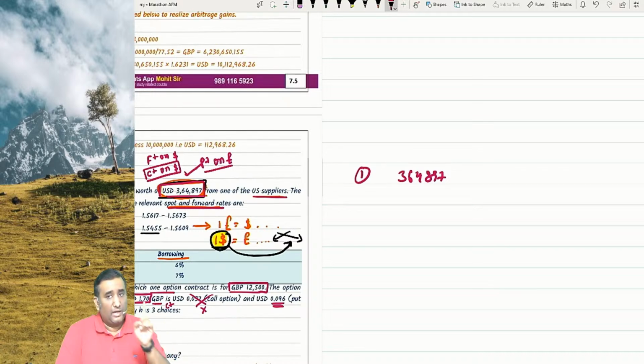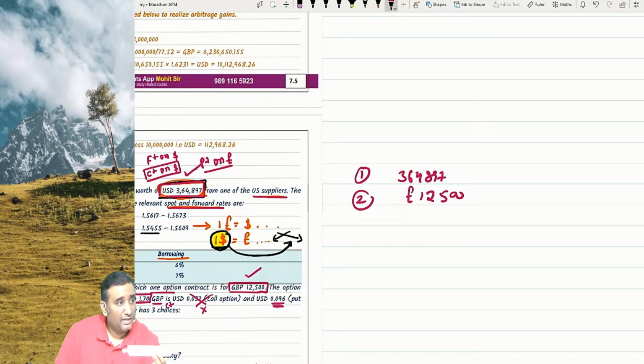From the home, I'll take a box of the pound in which I'll fill the pound, and then they said how many pounds should be put in one box? 12,500. From the home I'll take one box of 12,500 pound. I took it to the market, and with respect to this box, when I give it, they'll return back to me one box of what? Dollar. And 1 pound is equal to how many dollars?